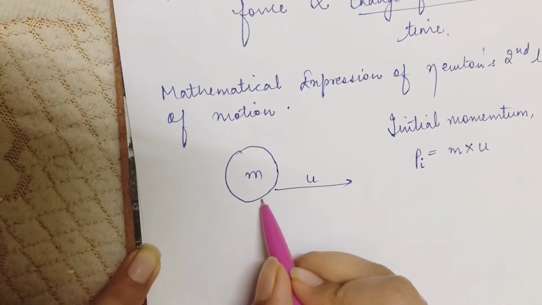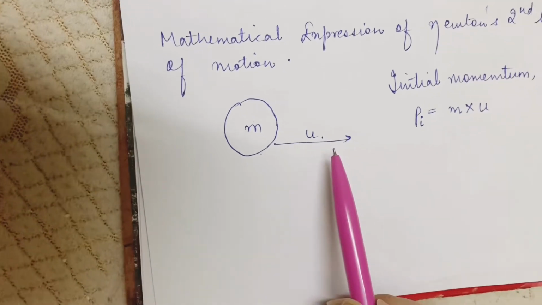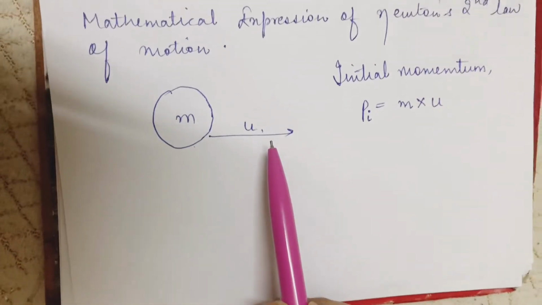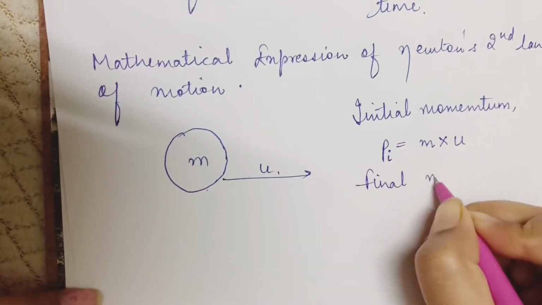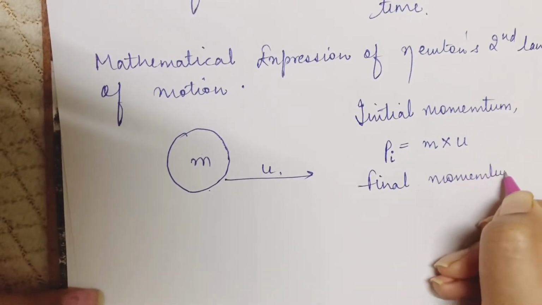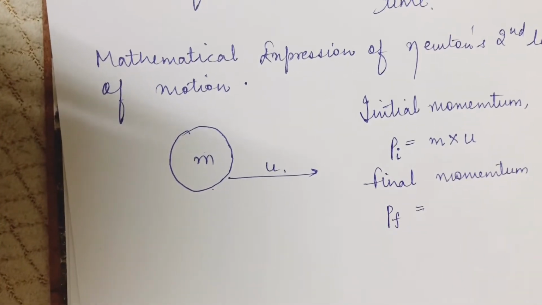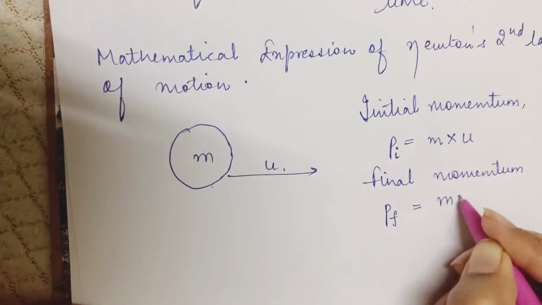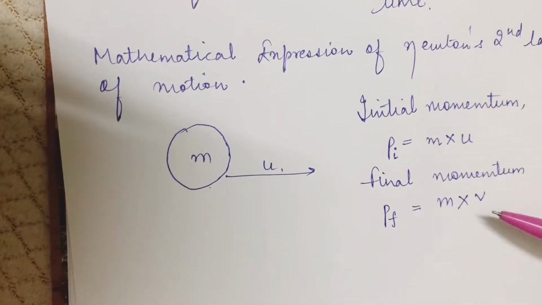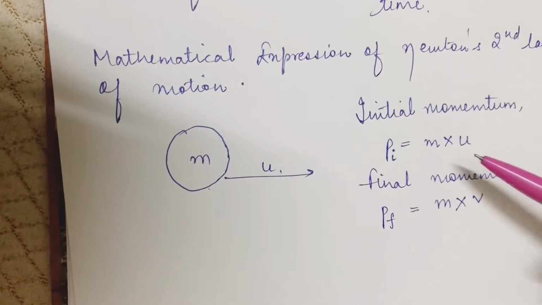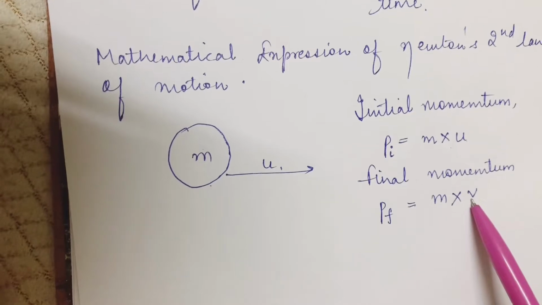If the body starts from initial velocity u, covers some distance and reaches the final velocity v, then its final momentum will again be the product of mass into velocity, but here I will take the final velocity as v, because these symbols stand for their usual meanings: u stands for initial velocity, v stands for final velocity.